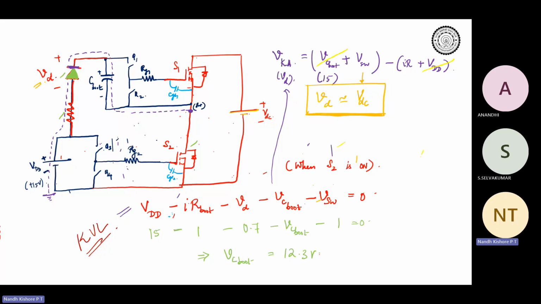If your DC bus voltage is 800 volt, people use 1.2 kV diodes, very high voltage rated diodes. So that is the drawback of the bootstrap circuit. But one thing you are able to see is that you are able to achieve complementary switching of S1 and S2 with only one VDD. You need not have a separate VDD for the top device.